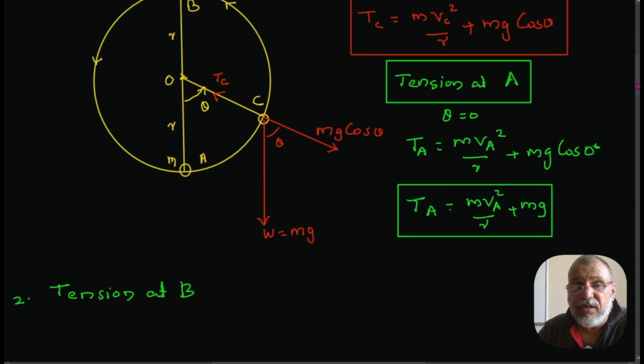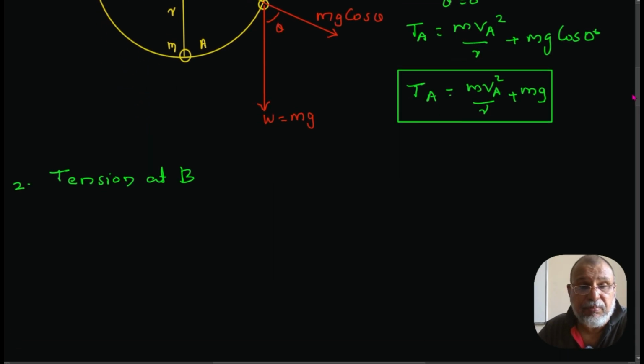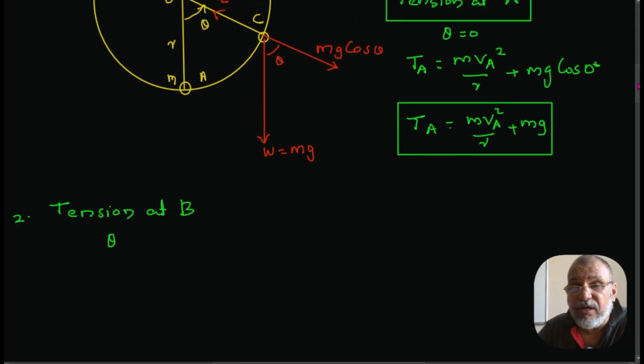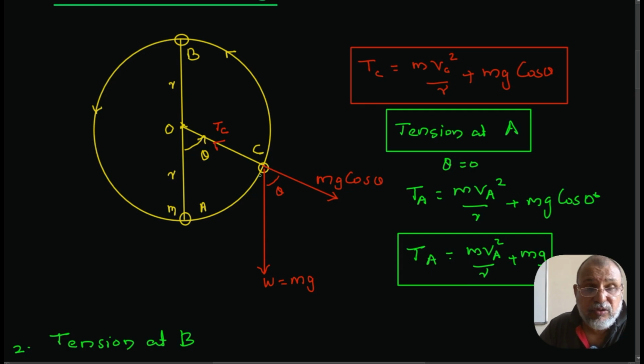We use the same equation; instead of C, we write B. That's the only difference. But in this case, because you are moving the body all the way to the top, the vertical angle becomes 180 degrees.